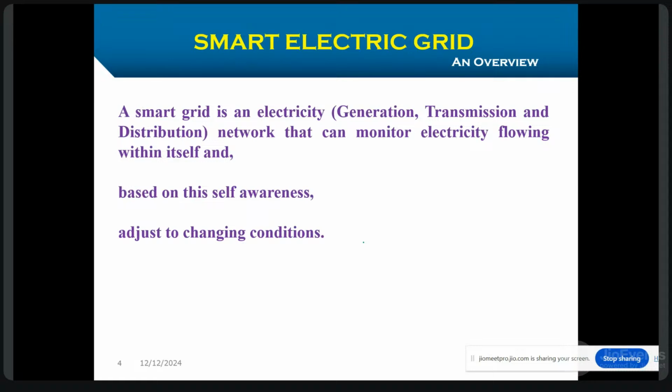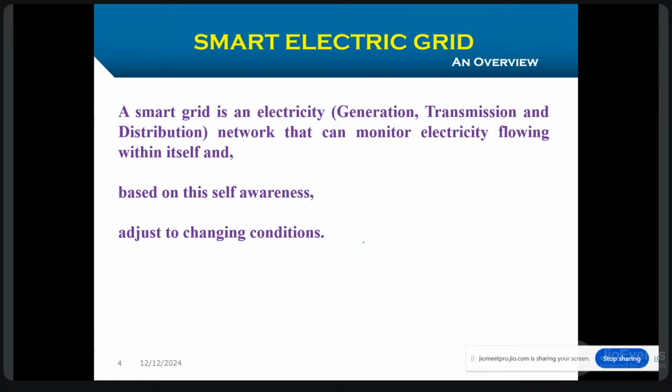It should have the information of the voltage, the current that is flowing, the phase angles, the phase differences, the power factors, and the frequency at different nodes, at different points, or of different units. So with all this information, the smart grid is able to adjust to the changing operating conditions.